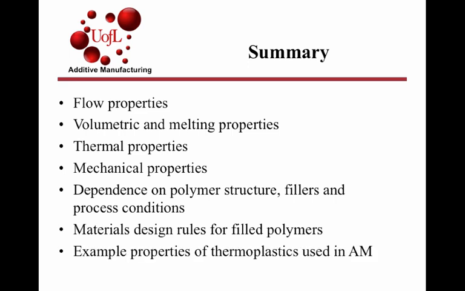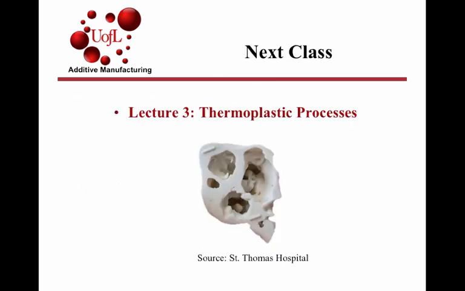We also rounded it up by looking at examples of thermoplastics, especially those used in additive manufacturing. In the next class, we will look at some 3D printing processes specific to thermoplastics. Here is an artificial heart section that is printed at St. Thomas Hospital to understand surgical procedures before operating on an infant.